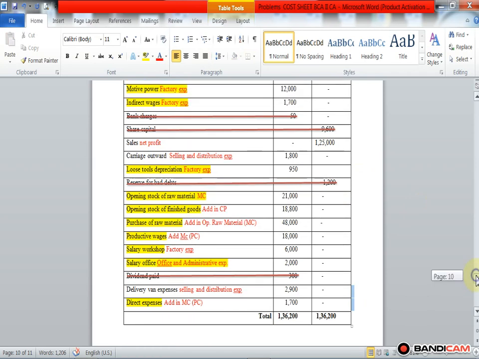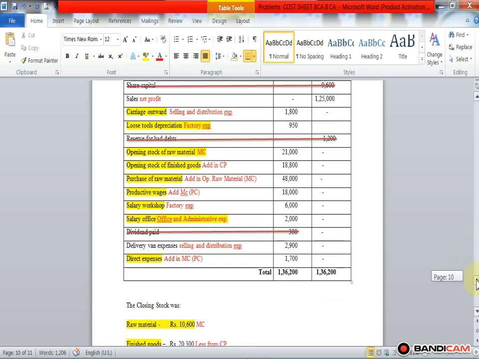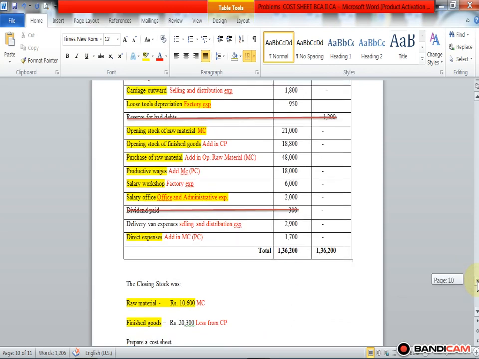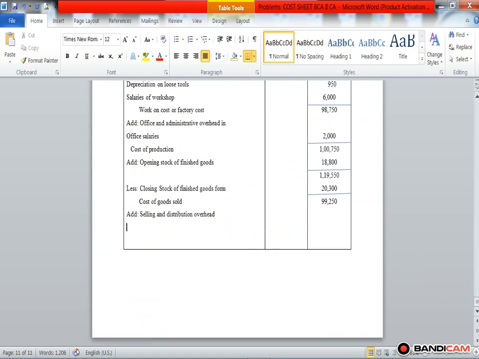Here, sales are considered for finding out the profit. Carriage outward is considered as a selling and distribution overhead expense, 1,800. So add here carriage outward 1,800.